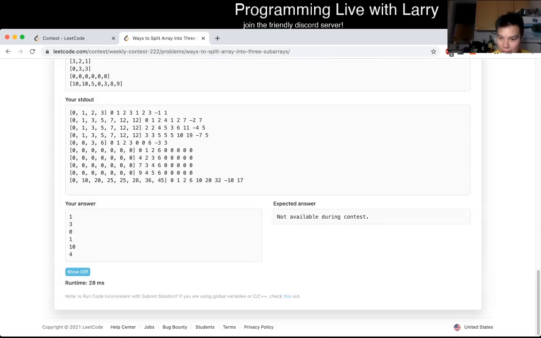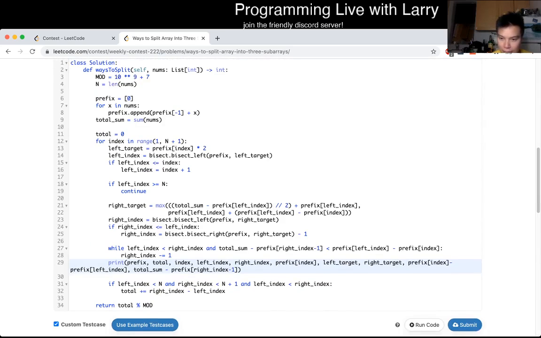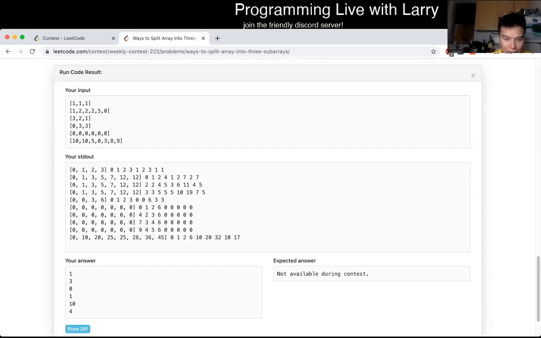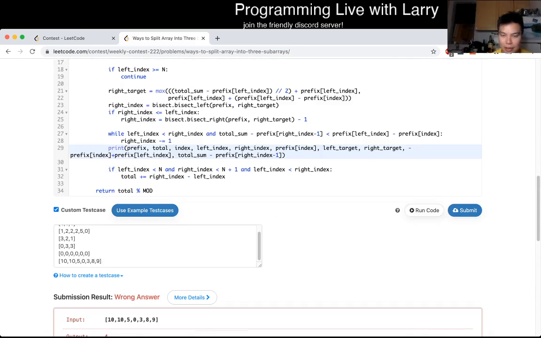That's not good. Today I just don't have the energy for this type of problem. 10 and 17, that's good. That's what I want. So why is that index not going? Because it's -1 for some reason.